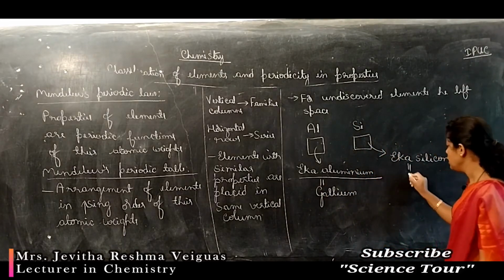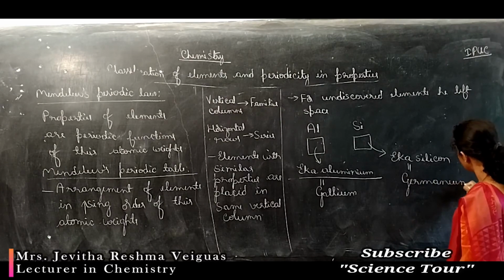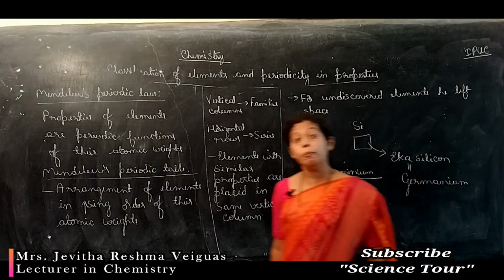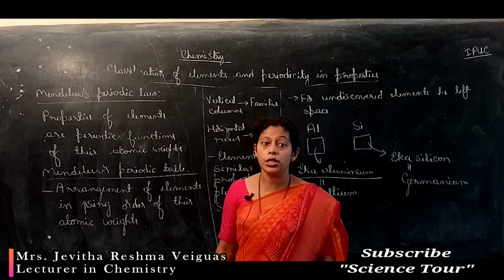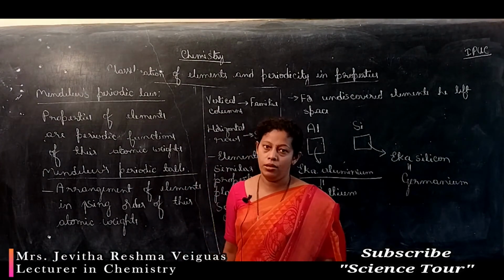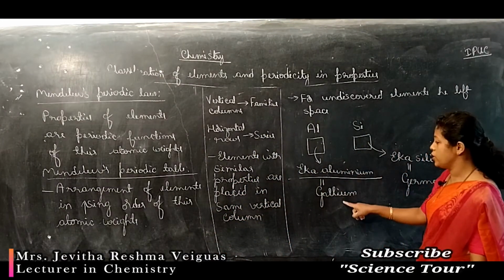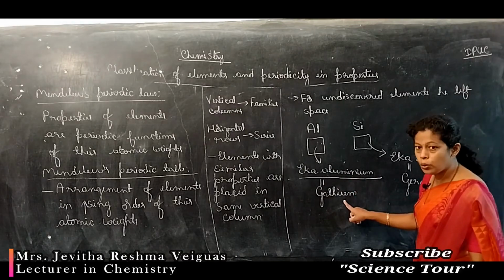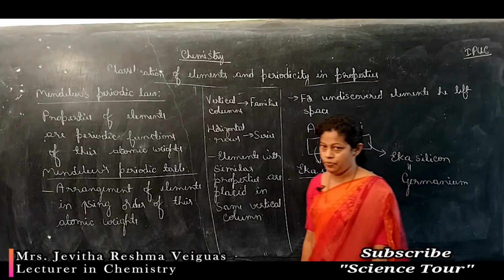Ica silicon is actually germanium. Now they are discovered. But before their discovery itself, Mendeleev predicted that there are some elements which may have similarity in properties to the elements already present. So he kept space and he gave the names this way. Ica aluminium is now known as gallium. Ica silicon is now known as germanium.